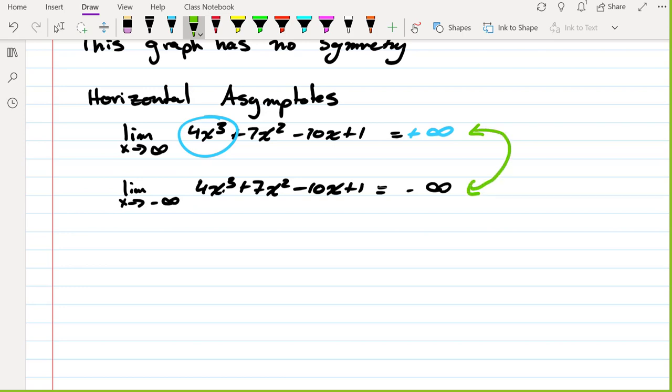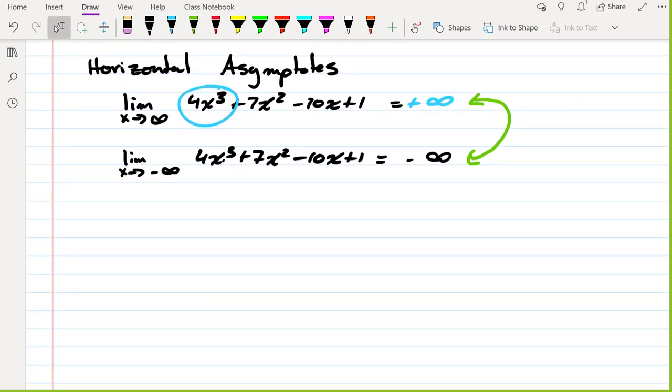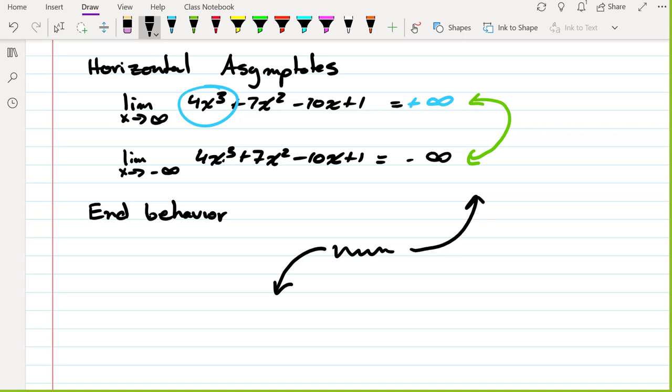So as x goes to positive infinity, our graph goes to positive infinity. And as x goes to negative infinity, our graph goes to negative infinity. So then this tells us what our end behavior is, which means it's going to start down, wiggle in the middle, and it's going to end up.